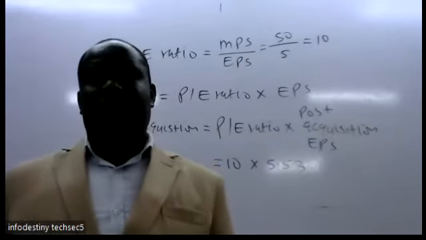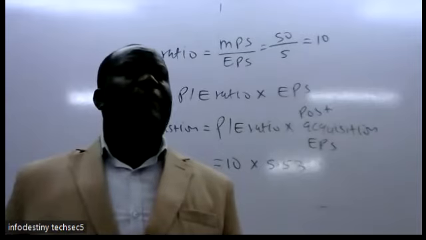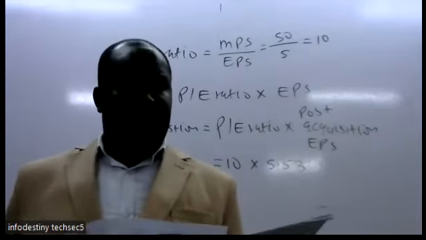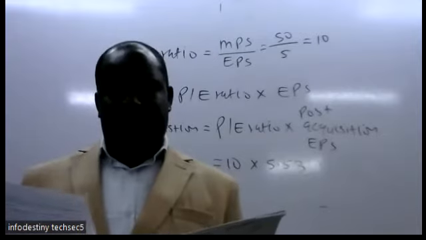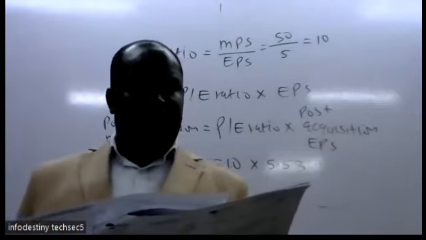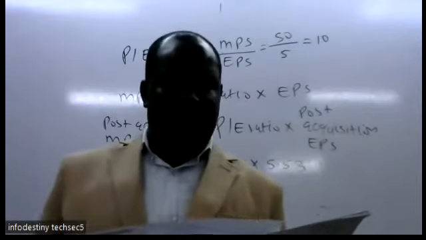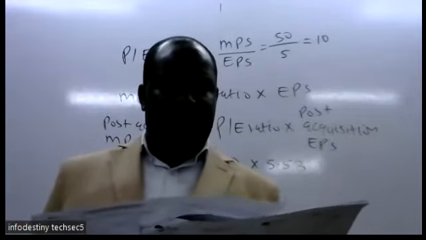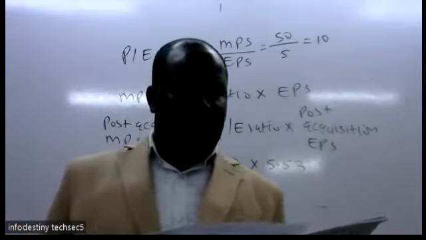I've also given you reasons for the demerger. Then I've also given you something down there about the spin-off. This occurs when a subsidiary becomes an independent entity by the parent company distributing its shares to its shareholders through a stock dividend.